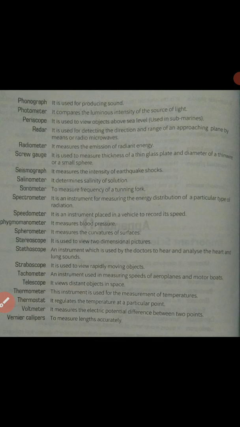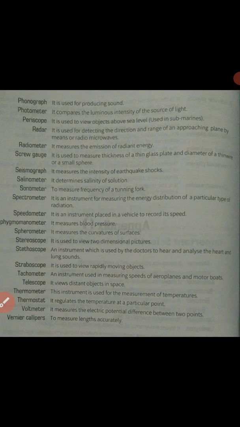Then stroboscope. Stroboscope is used to view rapidly moving objects. If an object is moving rapidly, that means with a high speed, then we can use stroboscope to see that rapidly moving object.